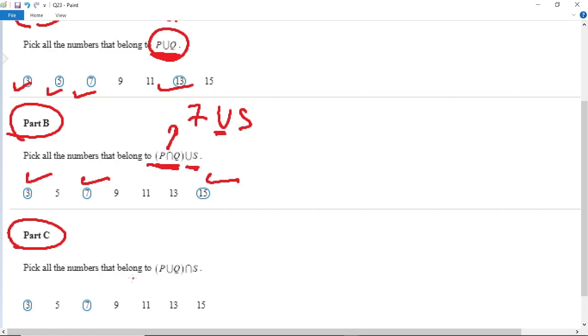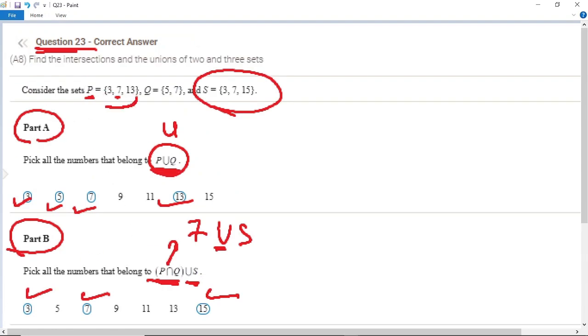Pick all the numbers that belong to B union Q, the set of B and the set of Q, which is 3, 7, 13, and 5.